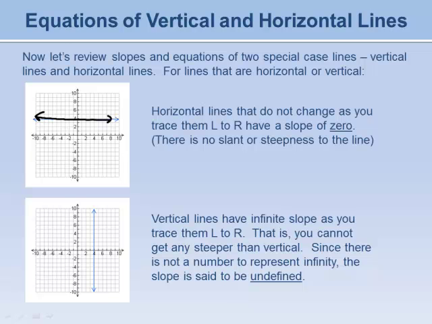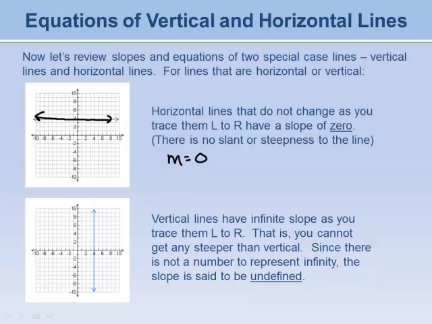There's no slant or steepness to that line, and so all horizontal lines are said to have a slope of 0.